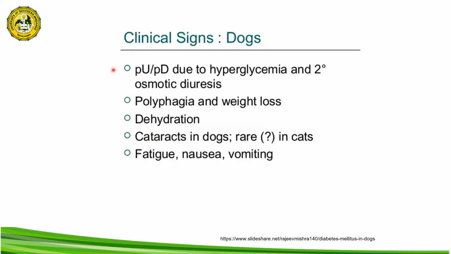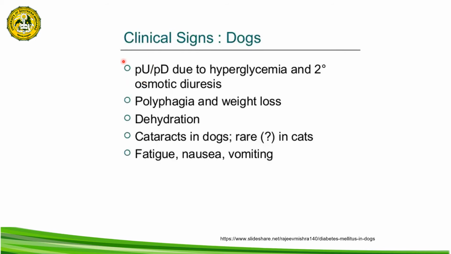So polyuria and polydipsia are due to hyperglycemia and osmotic diuresis. So why is there polyuria in diabetes? Polyuria occurs when we have excess levels of sugar in the blood. That is known as hyperglycemia. Normally, when the kidneys create urine, they tend to reabsorb all the sugar and direct it back to the bloodstream. But in type 1 diabetes, there is an excess of glucose in the urine, and that glucose will tend to pull more water and result in more urine.